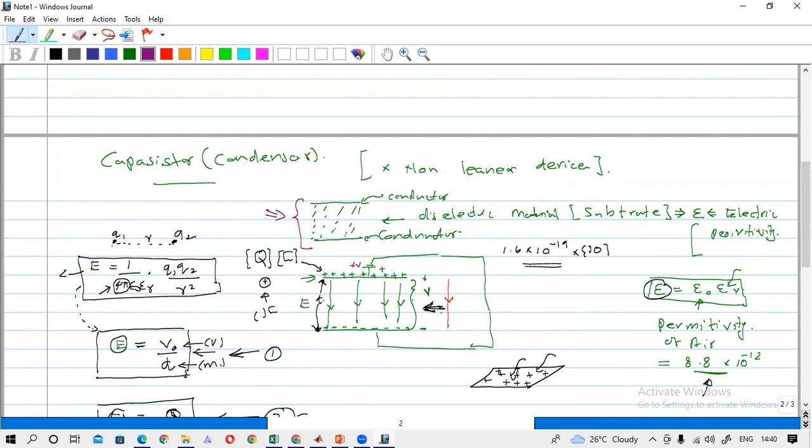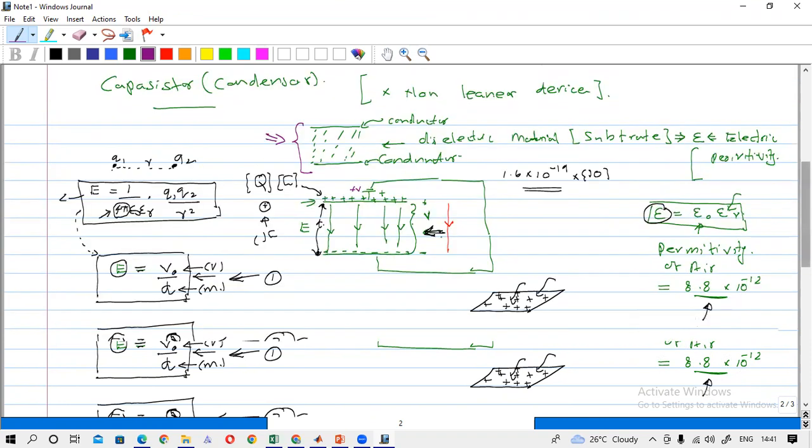If we do not change the physical structure of this capacitor, this will be a constant, no?